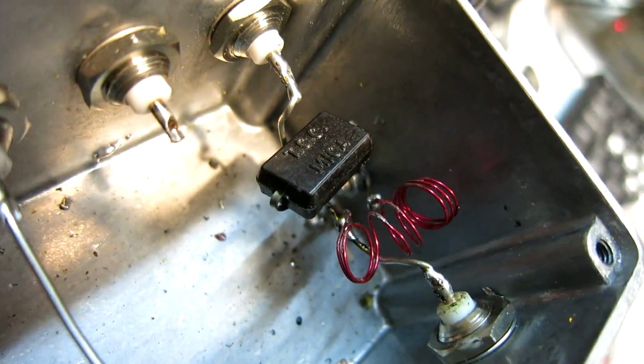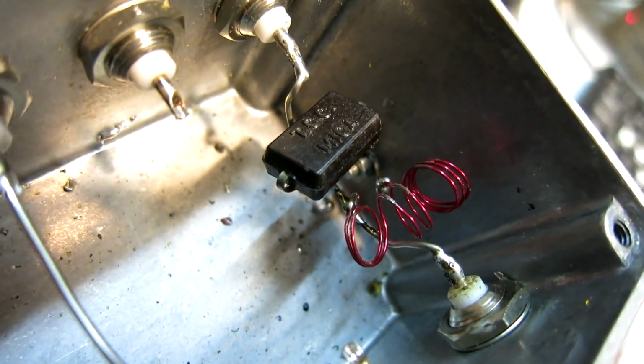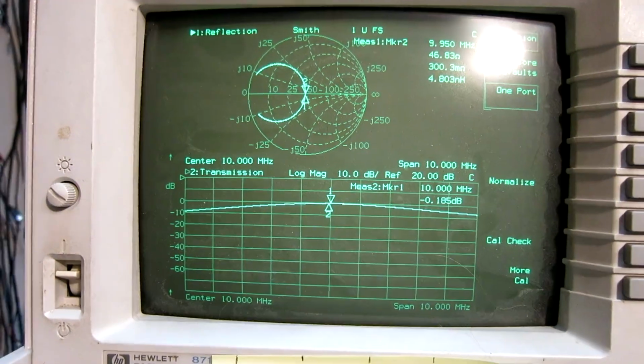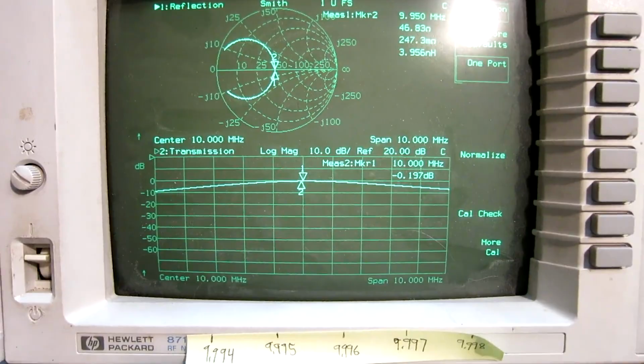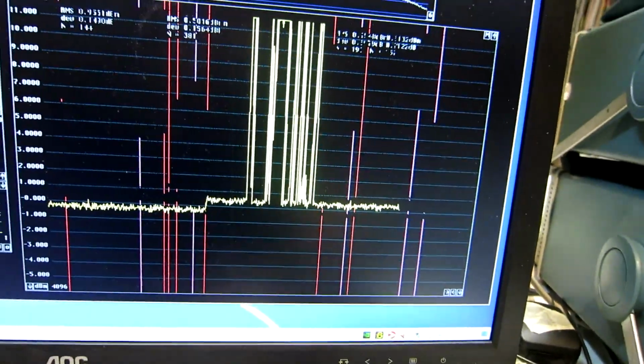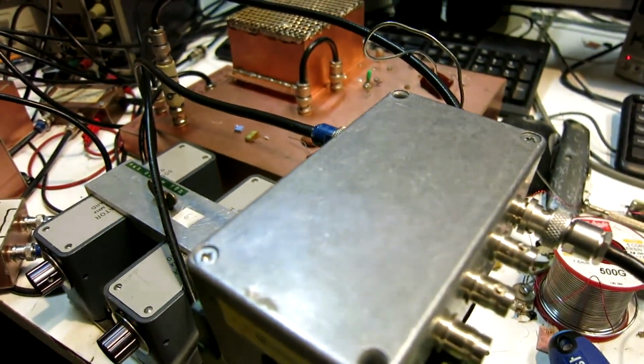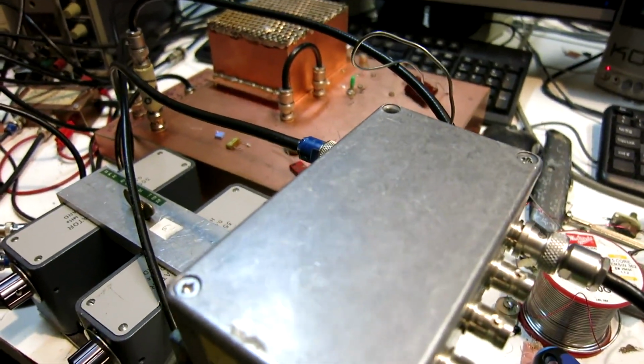Here is a Mica capacitor from TCC, and it looks like this, so the losses are low here. The noise you can see here, that's when I put the lid in place. I mean, screening the box from the noise from my computers and stuff here.